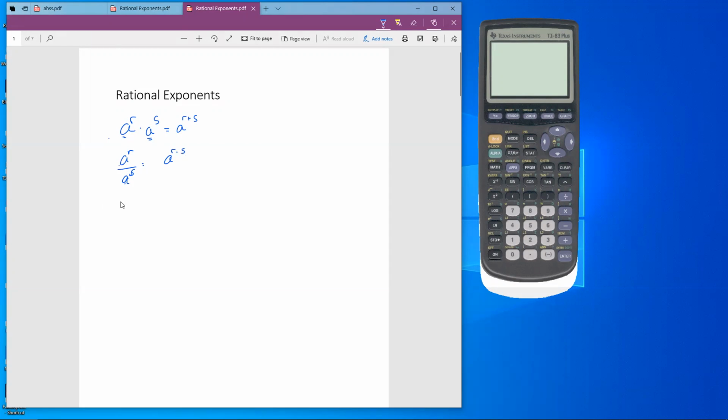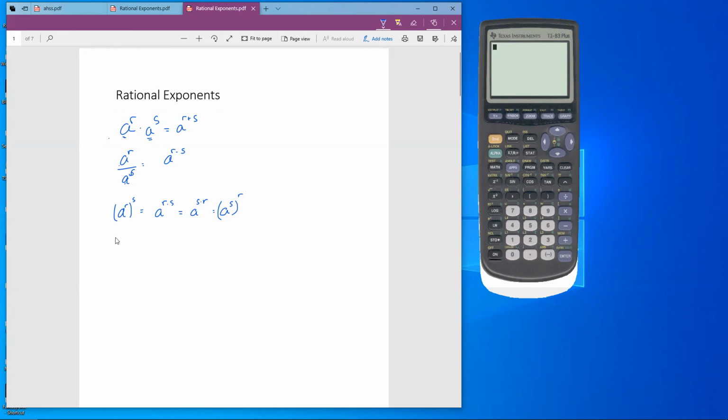And probably the most important one for us to do today is when we have an a to the r raised to the s, that is equal to a to the r times s. We can just say this is a to the s times r, which is also equal to a to the s raised to the r.